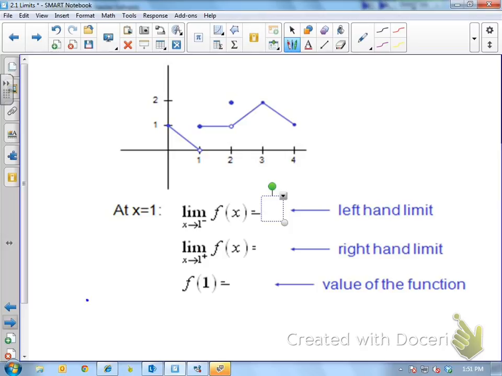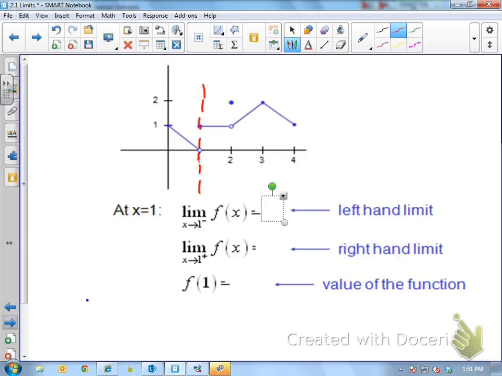Okay, so limit from the left. We don't care if the y value exists. It really helps us when it exists because that's when we just got to plug it in. But it doesn't have to exist. So as we approach from the left and we're approaching the x value of 1, here's everywhere our x value of 1 exists.